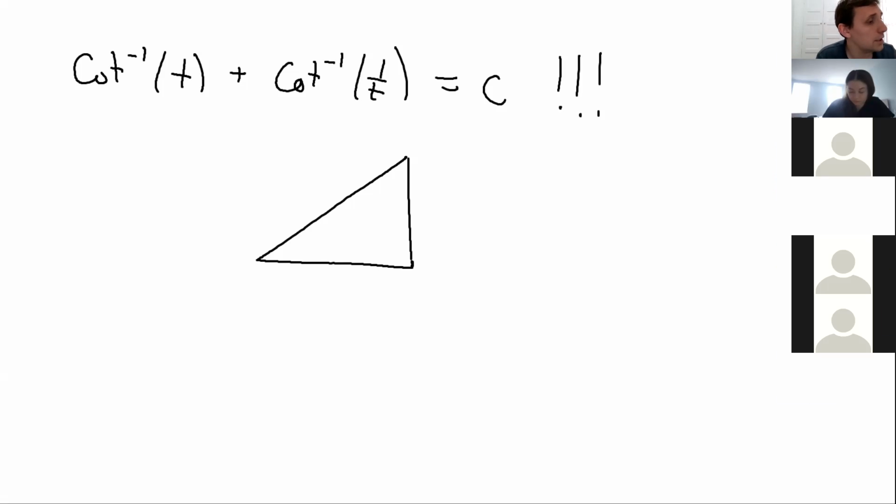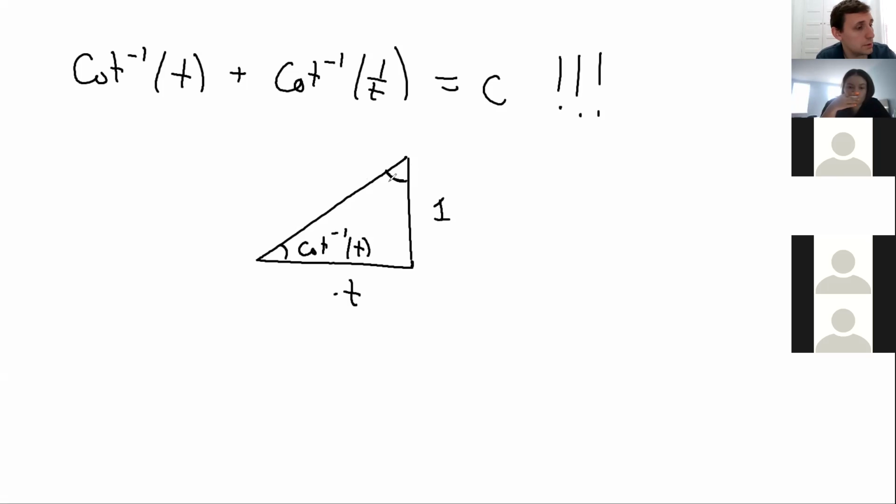So let's try to understand what the relations are here, guys. Suppose that here I have a cotangent inverse of t. That means that this is t, and the opposite side is 1. Do you agree? It's t divided by 1. Yes? Now, in terms of cotangent, what is this angle, guys? Could you name this angle in terms of the ratio?